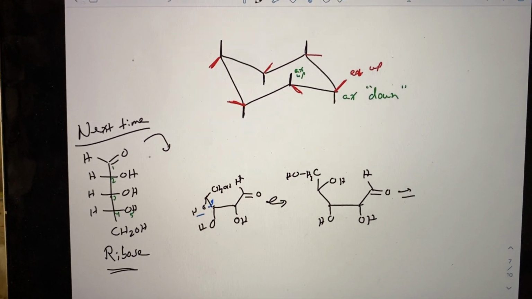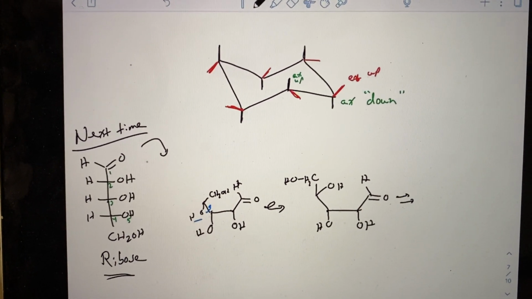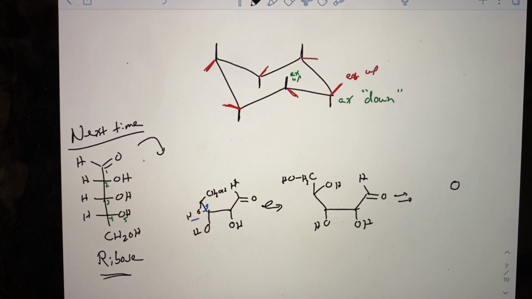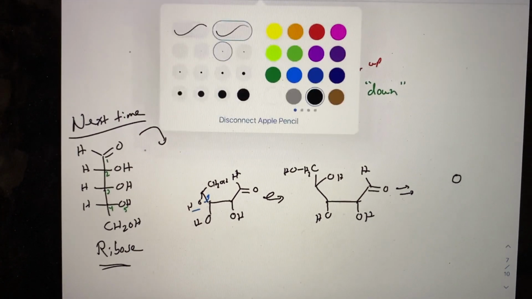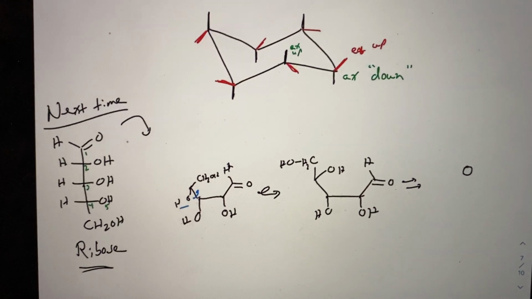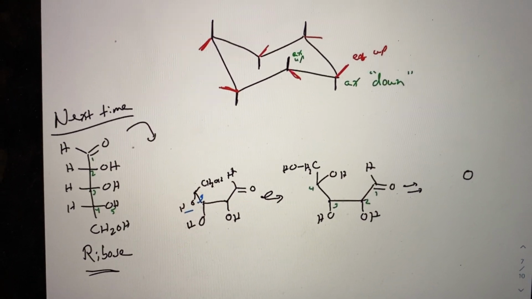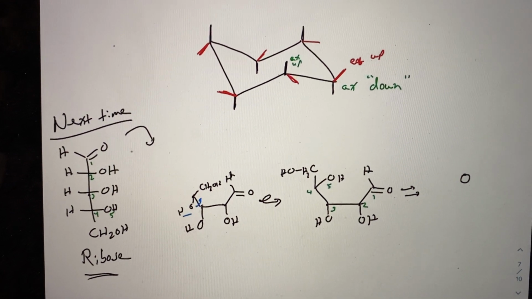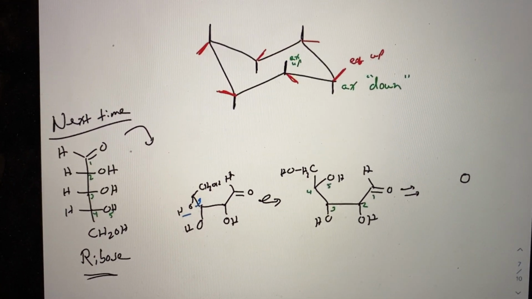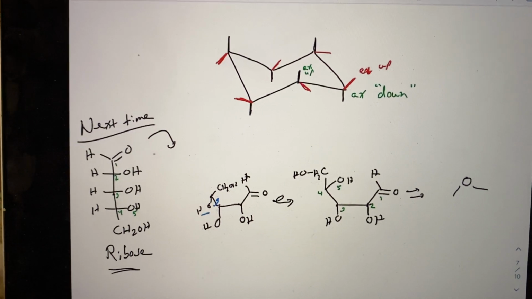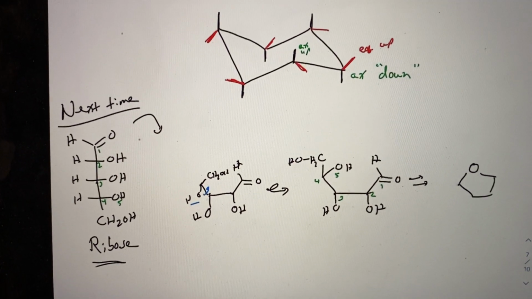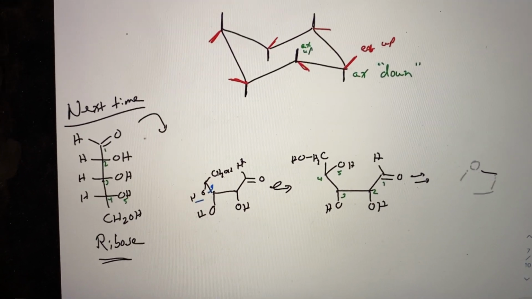So I'll put a couple of arrows in there. And then we're going to end up now, notice what we will do here is we have this carbon of the aldehyde, 1, 2, 3, 4, 5. So we have a 5-membered ring, the oxygen. And this is the familiar ring of ribose. Let me try that one more time here.